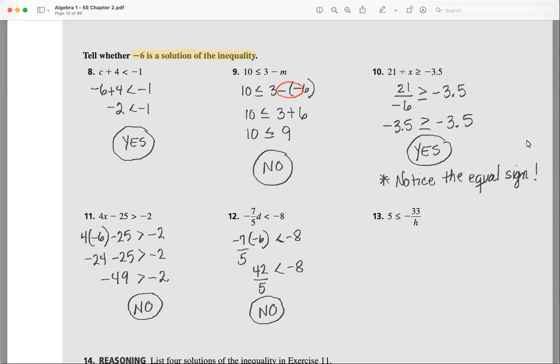Number 13, 5 less than or equal to -33 divided by -6. 5 is less than or equal to positive 5.5. And that is true.